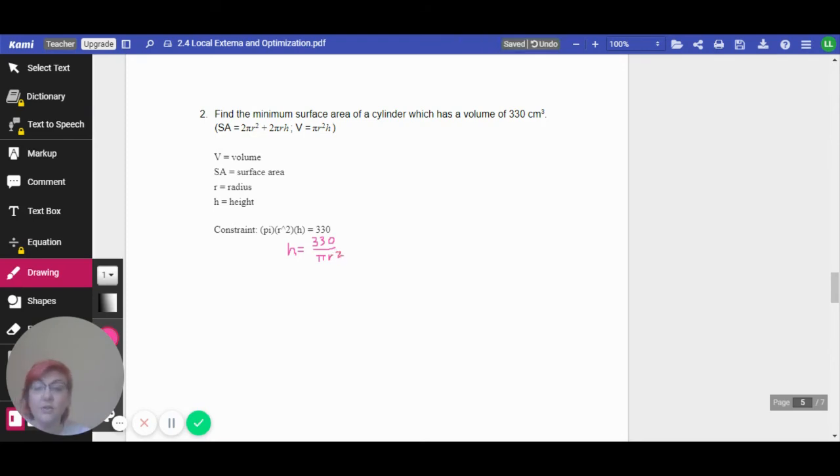Okay, so now that I have that constraint down, I am going to rewrite my surface area in terms of r.